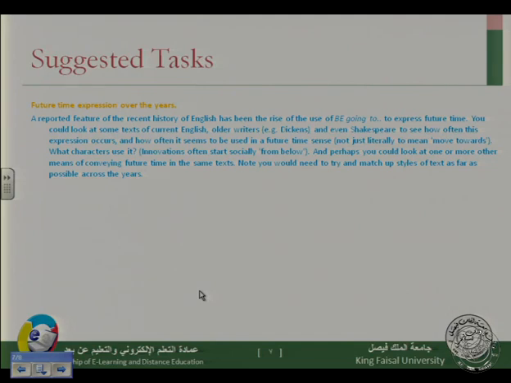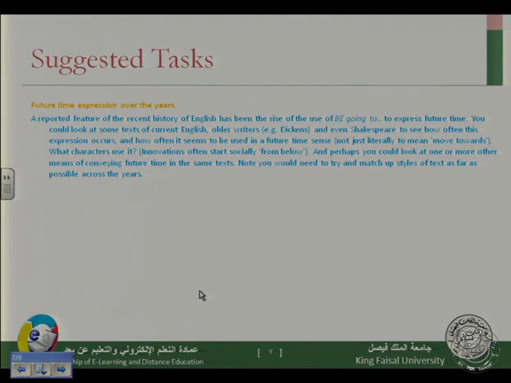You can check over time how this was developed, starting, for example, from Shakespearean time. Did they use a lot of this expression until nowadays? And you would see very interesting results.